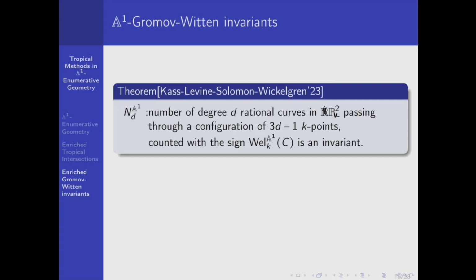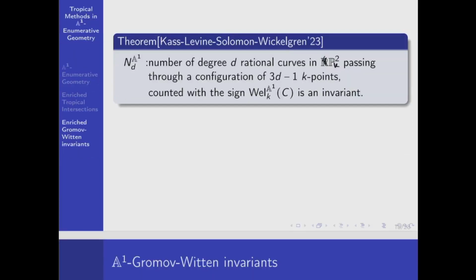And they prove it by showing that this is the degree of a map. This is an A1 degree within this theory of A1 enumerative geometry. So this is the degree of the evaluation map from a moduli space that they construct to a configuration space, in such a way that if your configuration is generic, then it gives the number of curves with this sign.